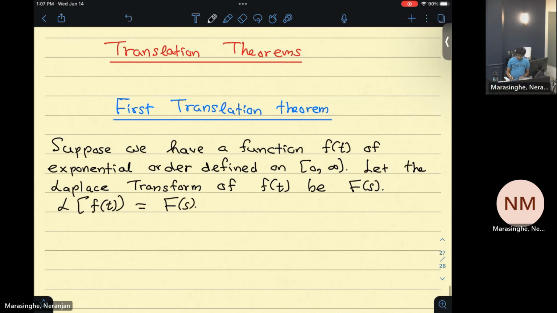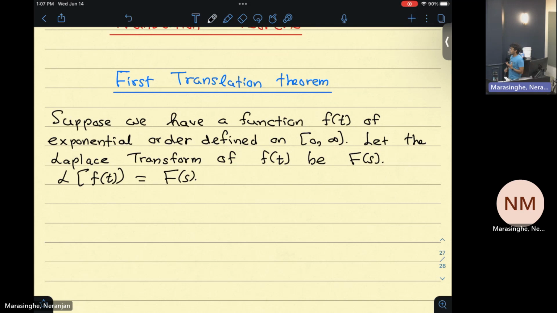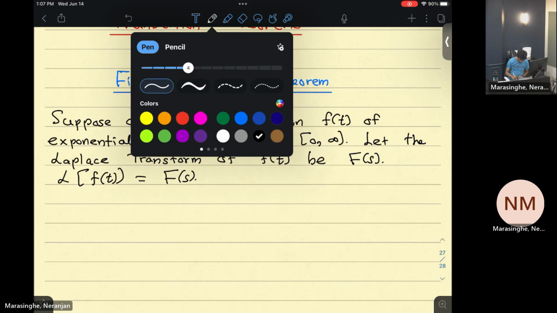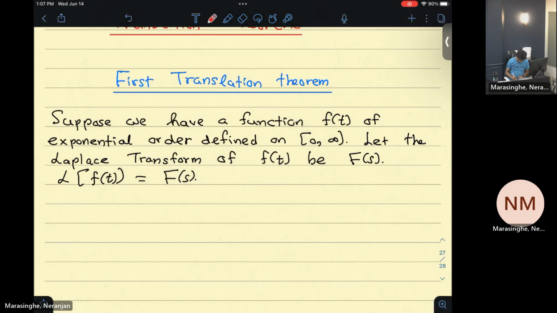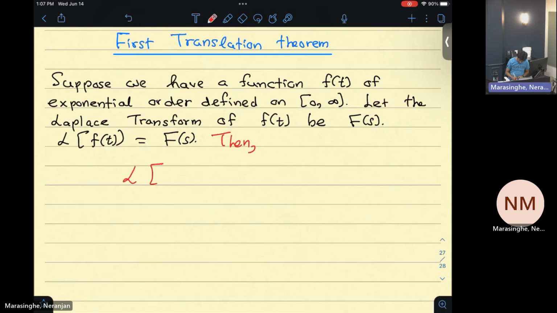Okay. So this theorem says that multiplication by an exponential in the time domain results in a translation in the Laplace domain, right? I would write that down. Then the Laplace transform of f(t) multiplied by e to the at, in the Laplace domain, you would get a translation F(s minus a).